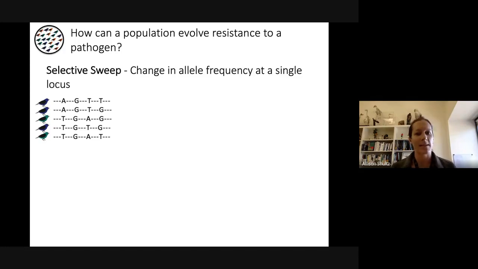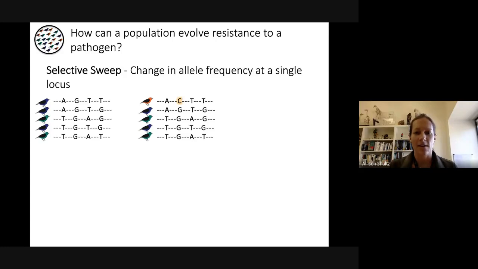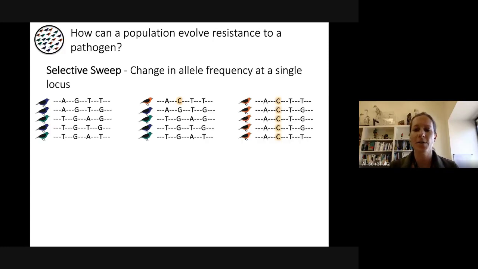Well, maybe we'll see a selective sweep or a change in allele frequency at a single locus. So just an example: if we have a population of, say, green and blue birds, but there's the evolution of resistance, which turns into a yellow bird, this might sweep through the population very quickly and also take along with it the variance on either side due to linkage disequilibrium.